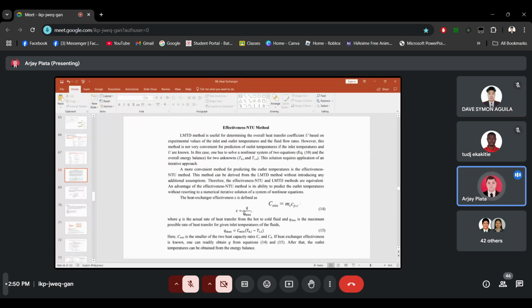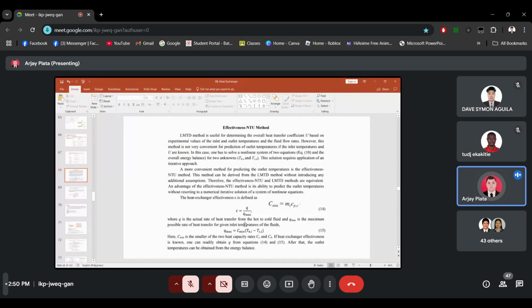In order to calculate the heat exchanger effectiveness, we must determine the ratio of Q over Q max. Q is the actual rate of heat transfer, while Q max is equivalent to C minimum times THI minus TCI. In your module, you can find it on page 111.